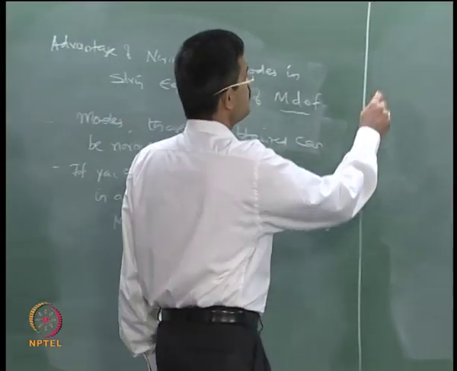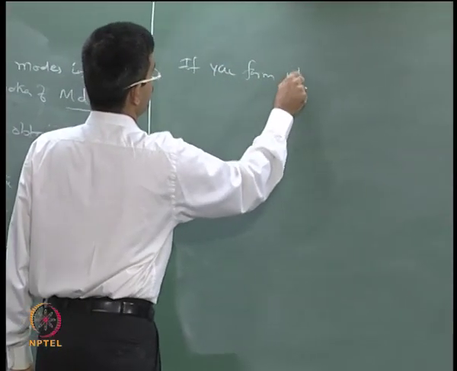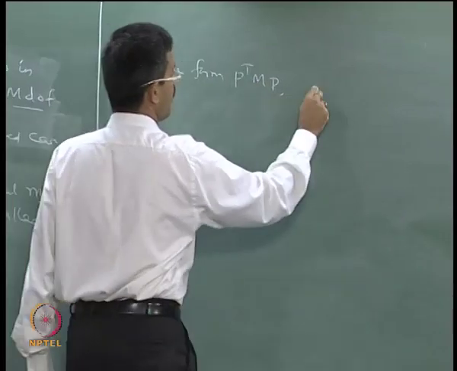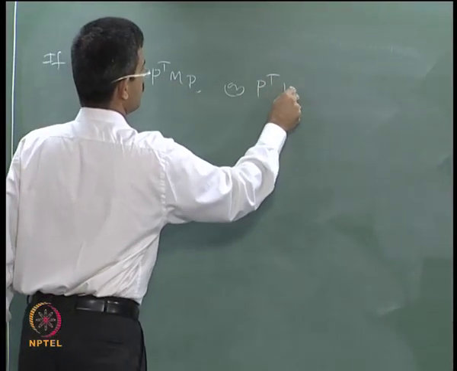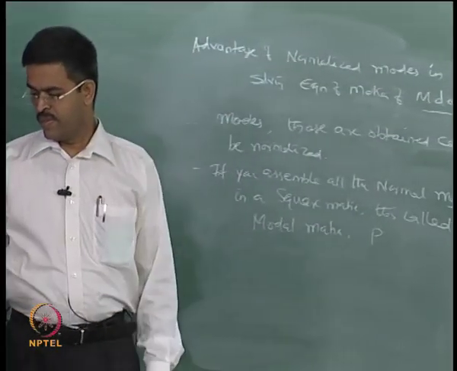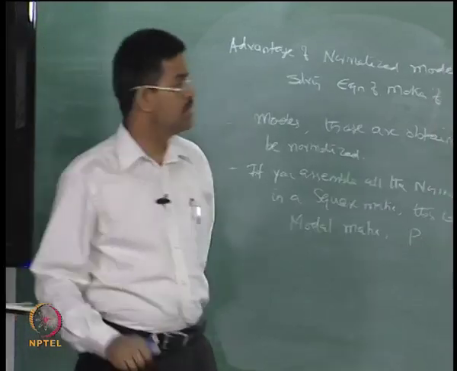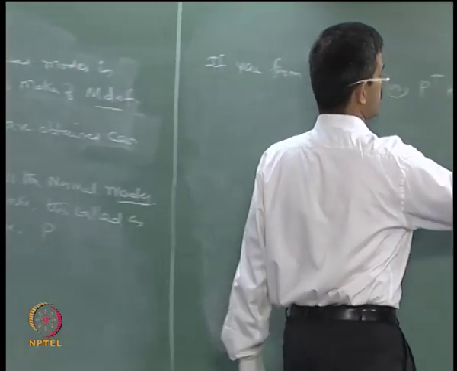Now, if you form P transpose MP or P transpose KP, where M and K are the mass and stiffness matrices respectively, it will become a diagonal matrix.